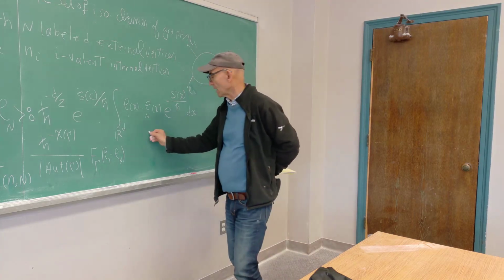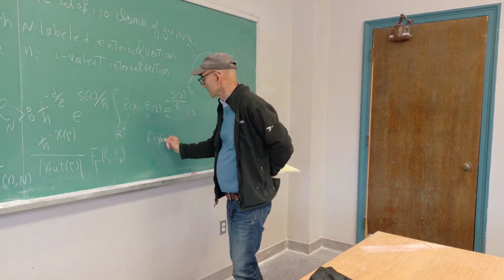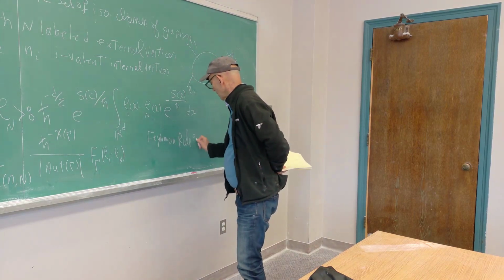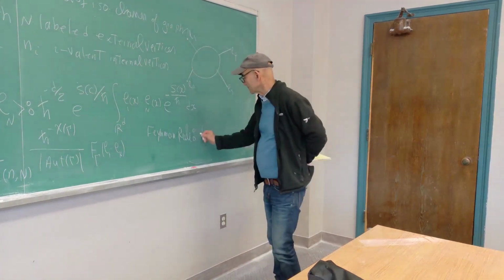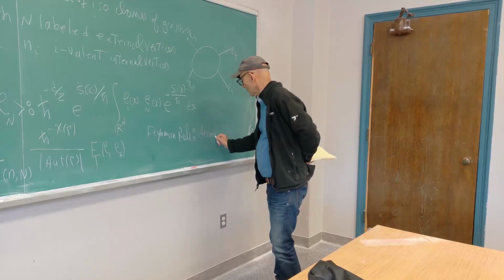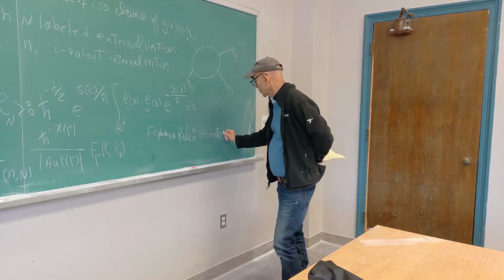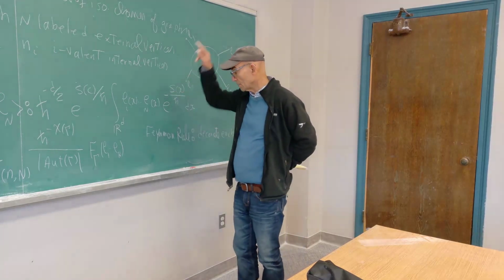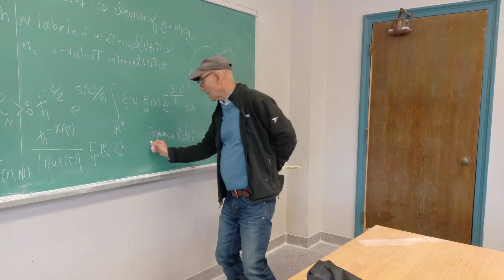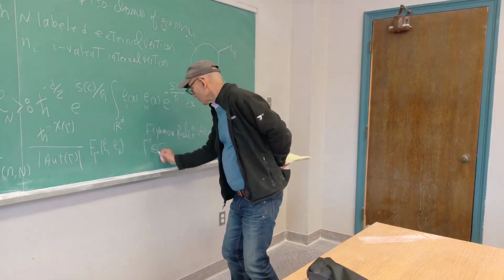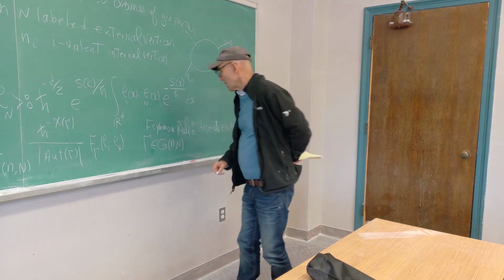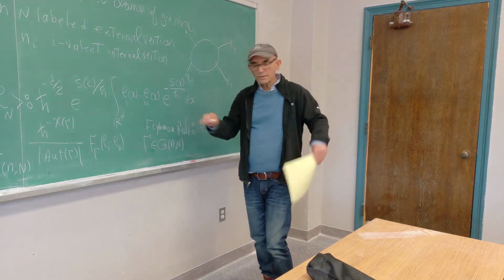So the final rule basically is: decorate each gamma belonging to G_n with the tensors.